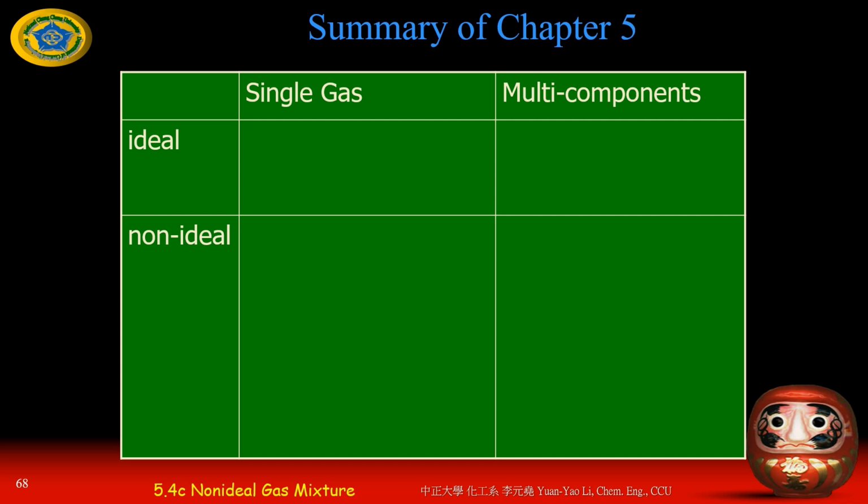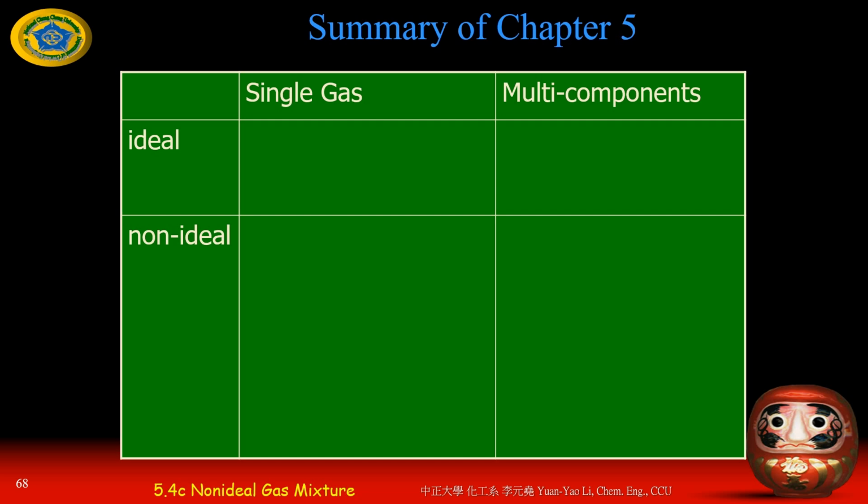Right. So let me summarize chapter 5. In chapter 5 we talk about single phase. For the single phase, you have solid, liquid, and gas. For the solid and the liquid, it's very easy: you just need to know how to measure the density.